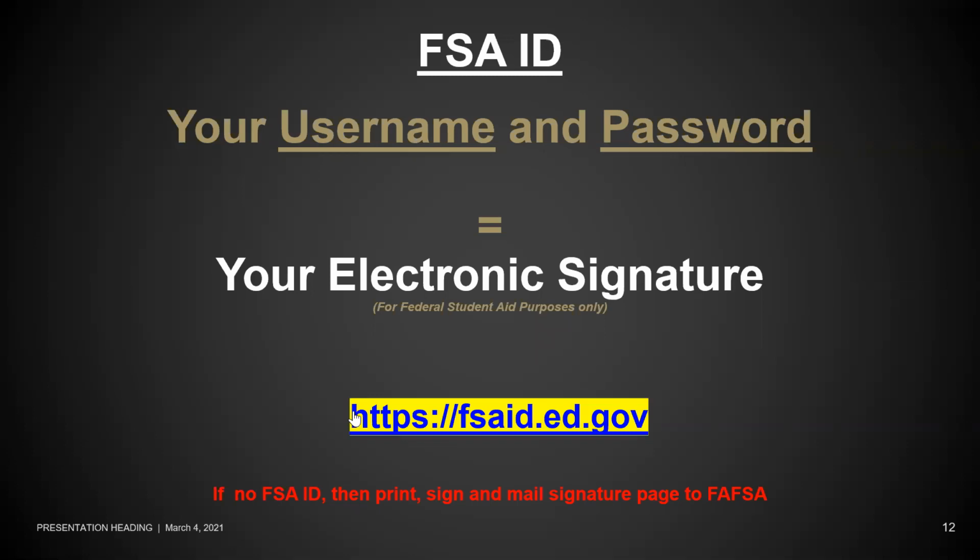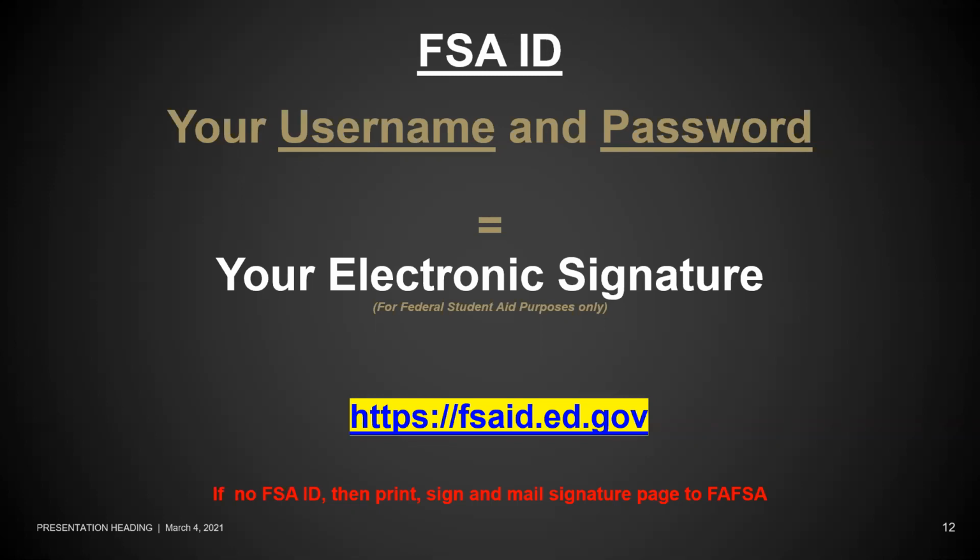If the student cannot create an FSA ID username or password, then they would have to complete the CASPA form. If the student can create an FSA ID username and password, they would complete the FAFSA.